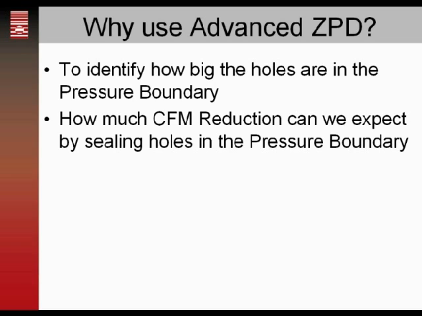To identify how big the holes are in the pressure boundary is why we use the zone pressure diagnostics, and to see how much CFM reduction we can expect by sealing those holes in the pressure boundary. So if we have extreme cases where we want to document what's causing these ice dam problems, attic moisture problems, air quality problems, we can take these measurements and determine how much leakage there is from that moldy crawl space into the house.